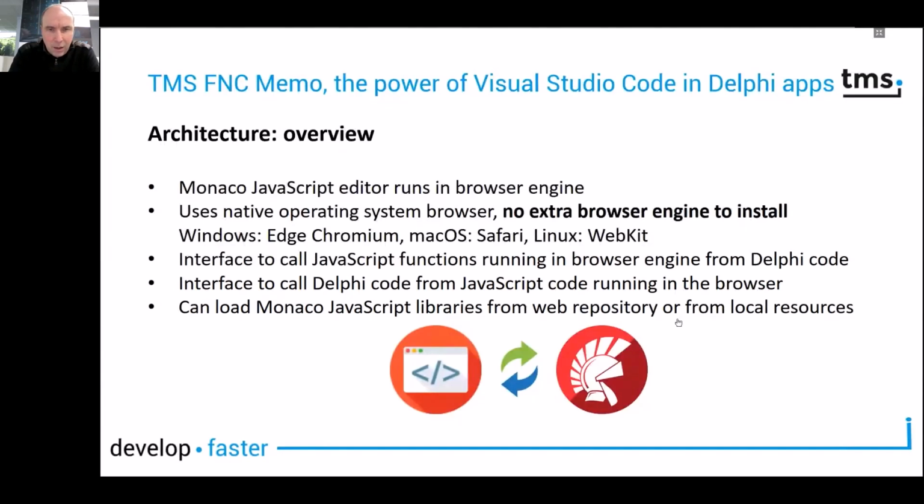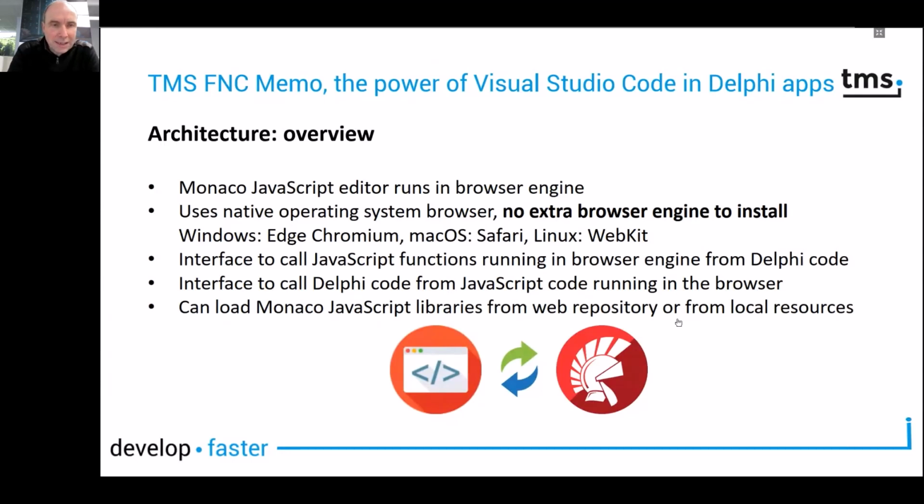We rely on the operating system browser, so the browser that is standard built into the operating system. That means that there is nothing extra to install, no Edge Chromium or whatsoever to deploy. We take directly advantage of what is already on the operating system, a modern operating system, of course.